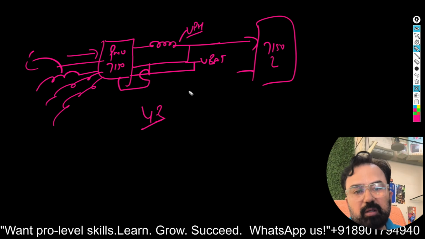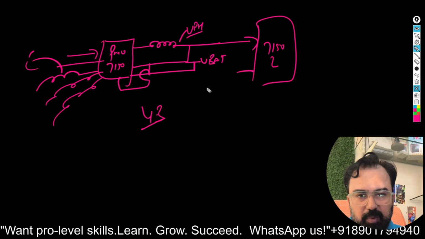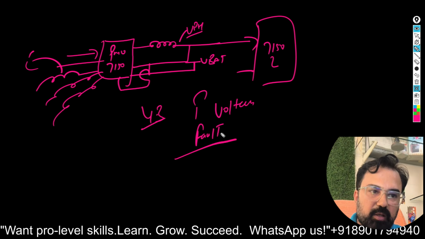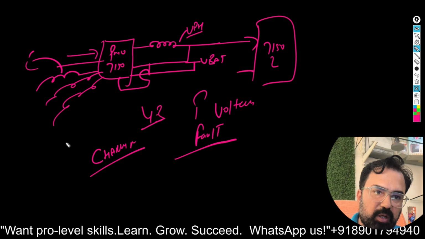Somehow the problem is in others. There is another line. If this line has a problem, your PMU does not generate the voltages. Which line is this? This is called a fault line. Now this line comes from the main charging IC, or you can say the main charging PMU, to another PMU.